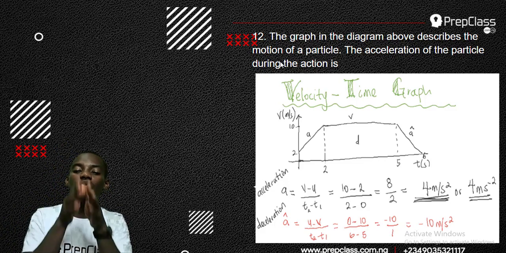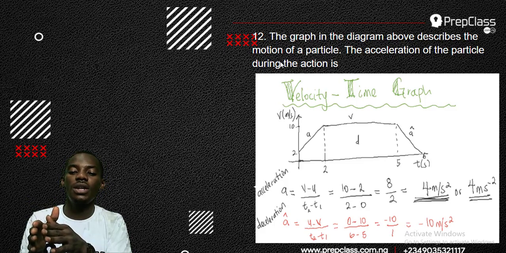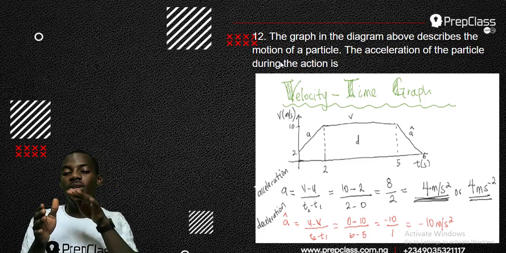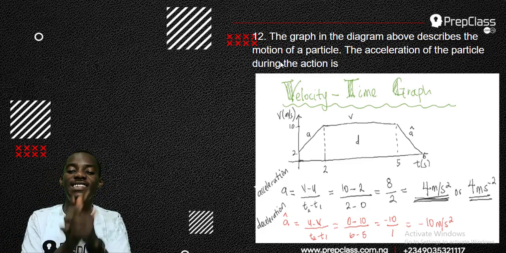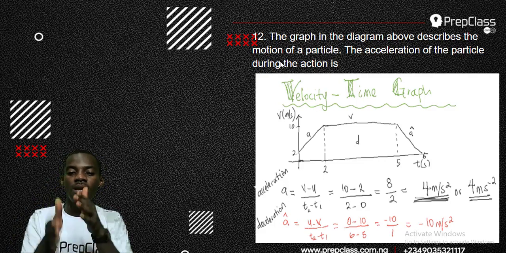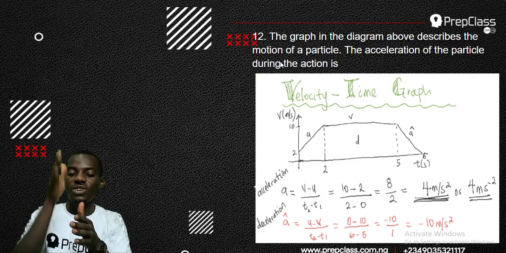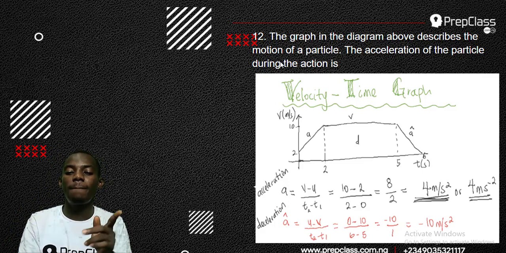So it's from 0 to 10, and then for the time below, it's from 6 to 5. So from the velocity part, that's the one standing straight. The deceleration is from 0 to 10. Can you see my drawing? It's from 0 to 10 standing straight. Then for the time below, it's from 6 to 5. Now that gives me minus 10 over 6 minus 5. That's 1. That gives me minus 10 as my deceleration.